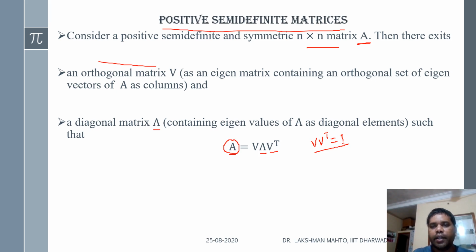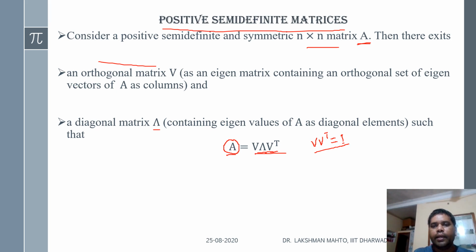Here matrix A may look very complicated, but once we decompose it into the form orthogonal times diagonal times orthogonal, we see a very interesting structure.